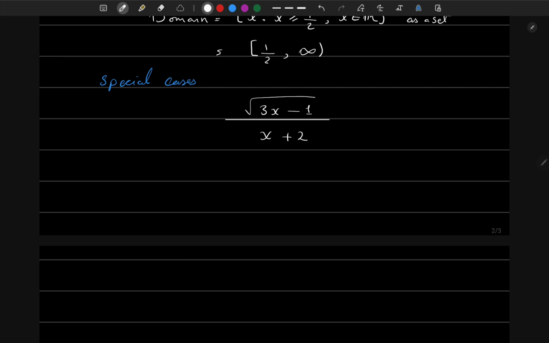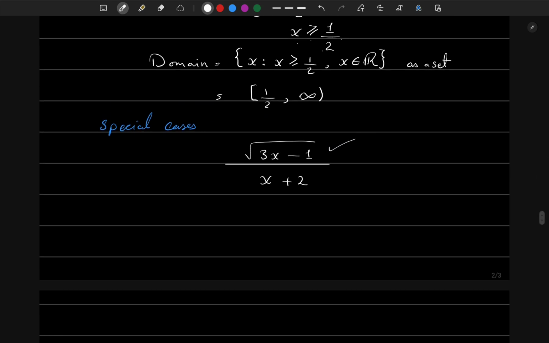Now this is a function that has this element, which is not having a negative number under the root, and it has this element which is not having 0 as a denominator. And so I'm going to have to do both things. I have to make sure that x will not give me a negative value under the root. So I'm going to say that 3x minus 1 has to be greater than or equal to 0.